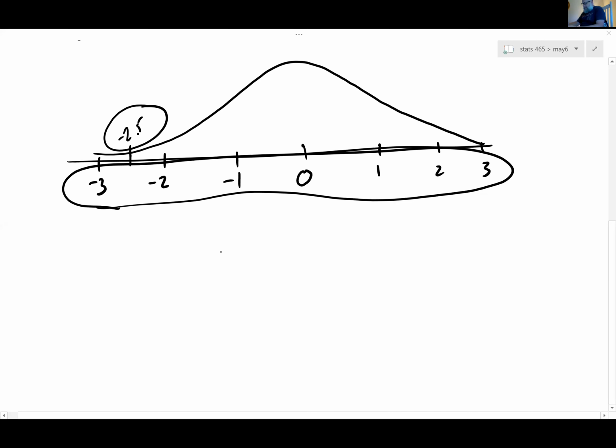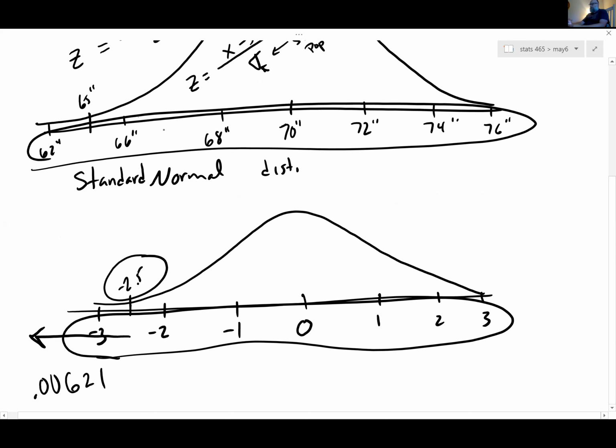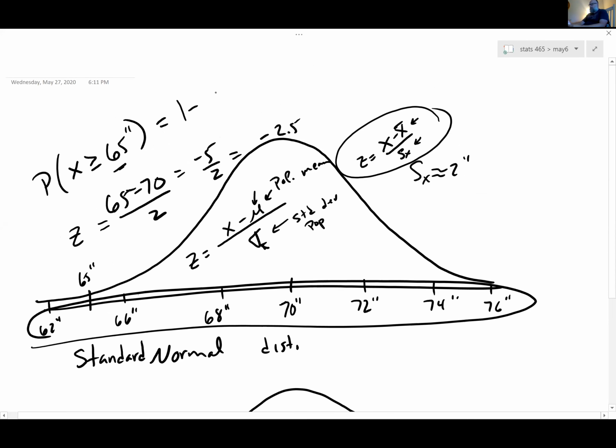Well, that means that from here down is 0.00621. Now that's not what I asked about. I wanted to know from greater than that. So obviously I'm gonna do 1 minus that, because obviously there's 100%.